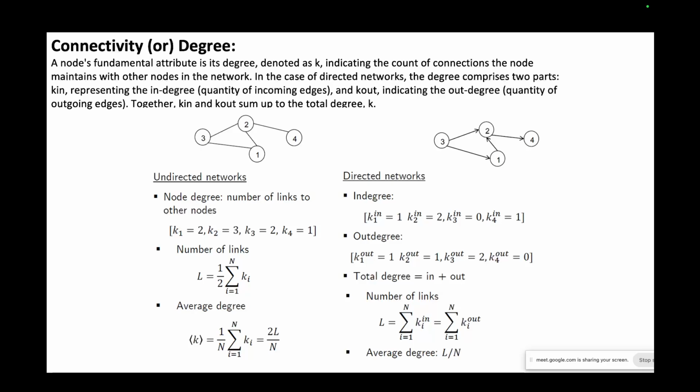One is simply an in degree, and one is simply an out degree. So when I'm calculating an in degree for one node, I'm also automatically calculating the out degree of the other node that the edge has originated from. So basically, the total sum of the degree is the sum of in and out for a directed network.